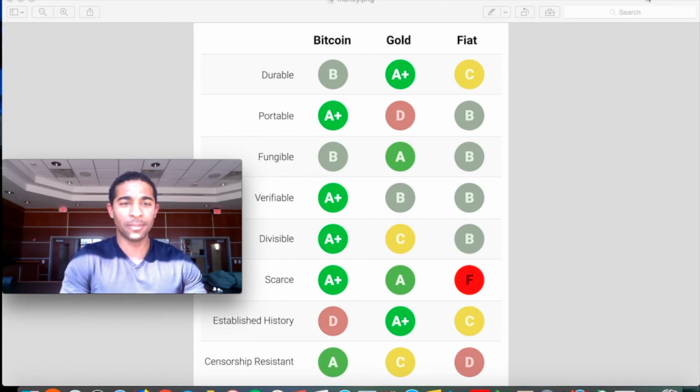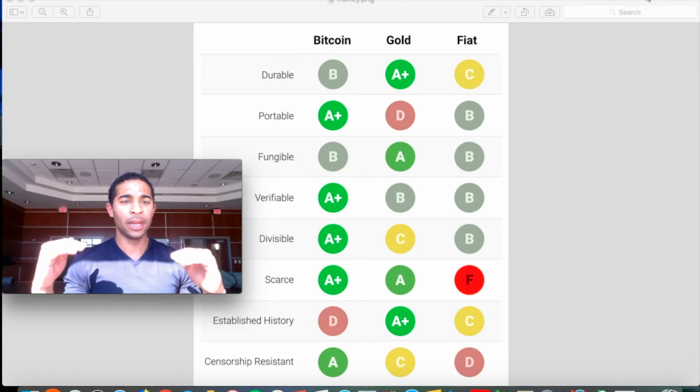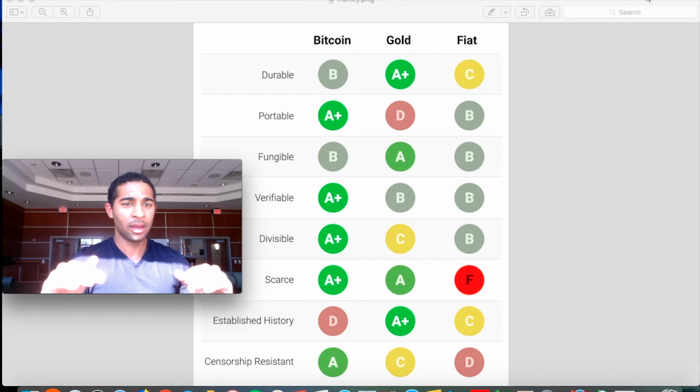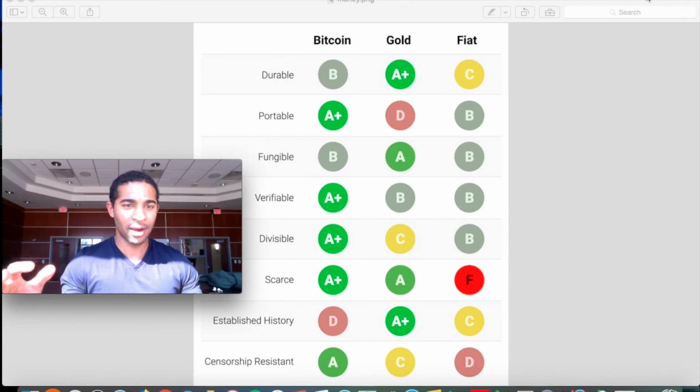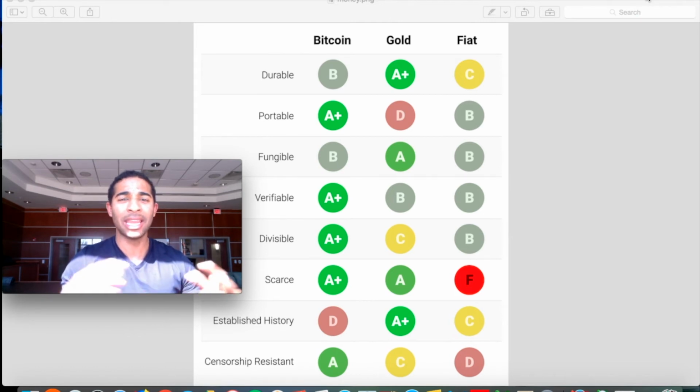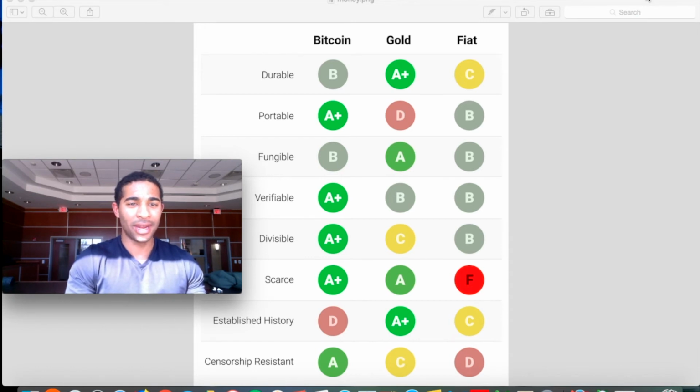Gold would get a little bit better of a grade, I would think. Although a lot of gold resides inside the central banks right now, these central banks are very much distributed. But Bitcoin is a very flat architecture, meaning that all the nodes on the network are equal in their power and their ability to verify transactions on the network if you're running a full node. So there's no one who has any more power than anyone else. And so Bitcoin would get the grade of an A here.